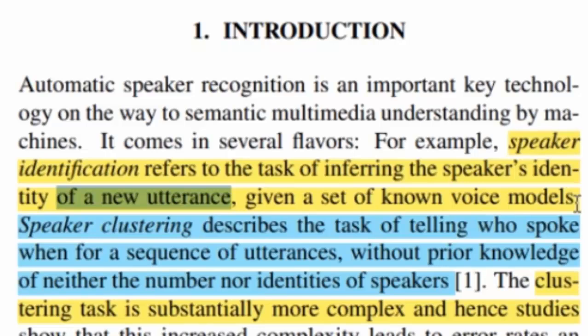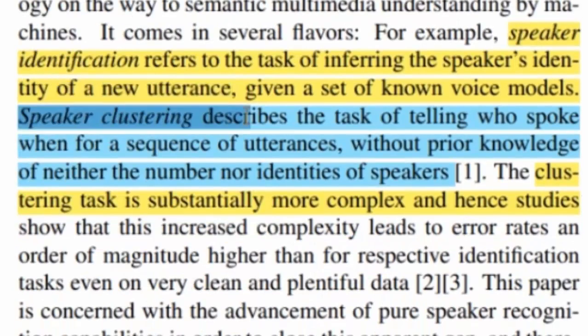On the other hand, speaker clustering describes the task of telling who spoke when for a sequence of utterances. For example, we have a speech where multiple speakers are speaking, and we want to know which speaker is speaking currently.